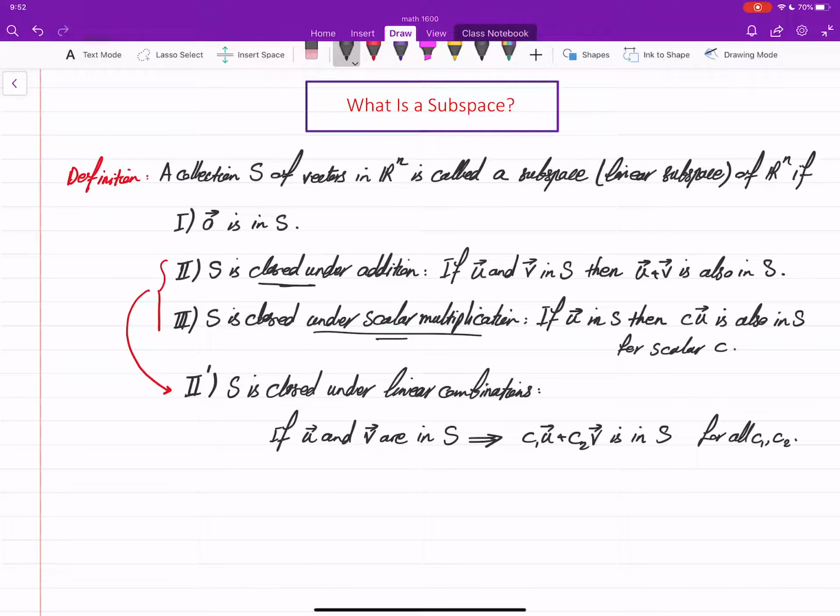That is equivalent to the previous two conditions. When we study subspaces, we will do all three separately.